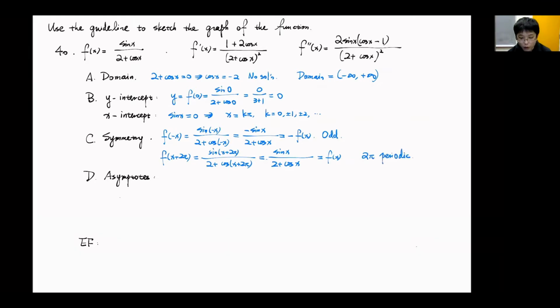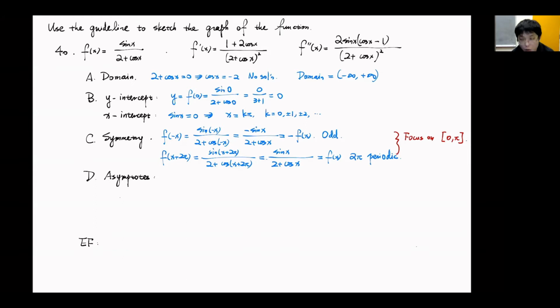Okay, so if you really want to maximize the symmetry over here, you should be able to tell that all you need to do is to focus on an interval. So these two combined together will simply tell you that you can simply focus on the interval 0 to pi. And why is that? Well, because this is 2 pi periodic.